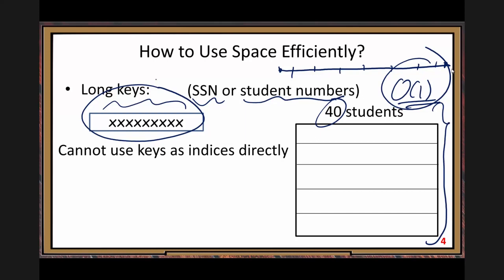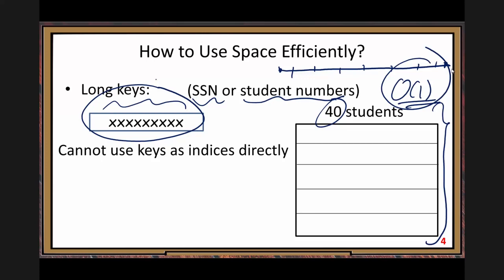Direct truncation may not be good, because two different keys, when you do truncation, for example, keeping the last two digits, may have the same last two digits. After truncation, you get the same key. That's really bad.